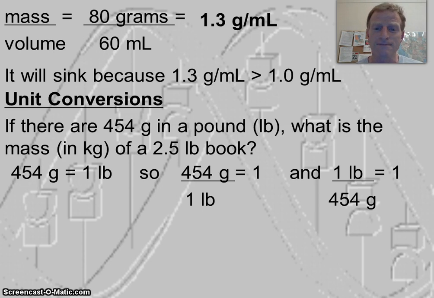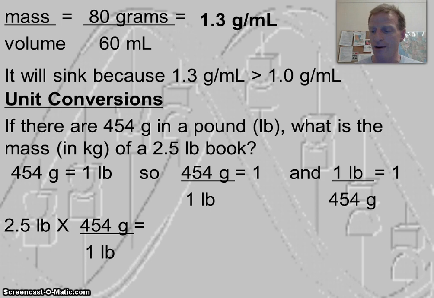Okay, you done? Let's see if you did it right. So obviously I want to multiply it by 454 grams over 1 pound because my pound units are going to cancel, right? And when I multiply, I get 2.5 times 454 grams, which gives me 1,135 grams. Now, is that the correct answer?